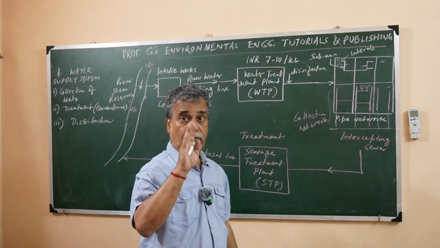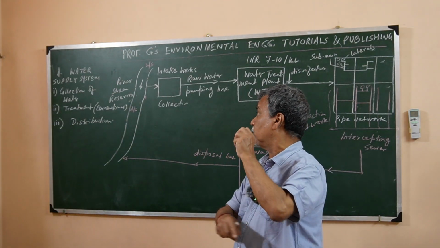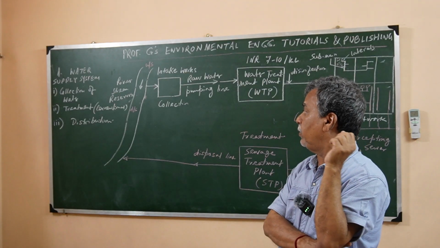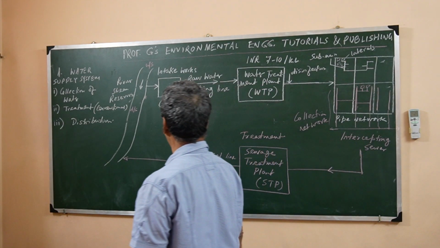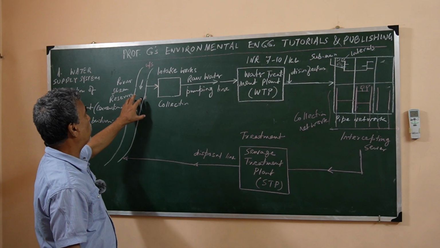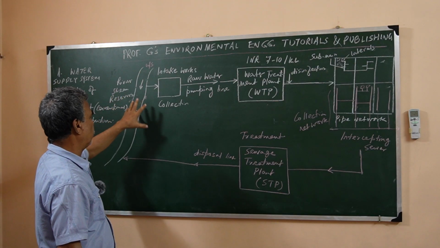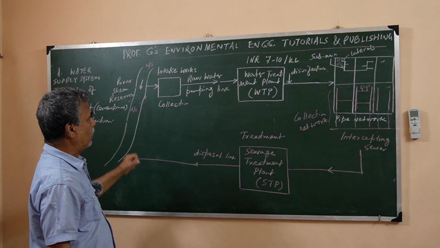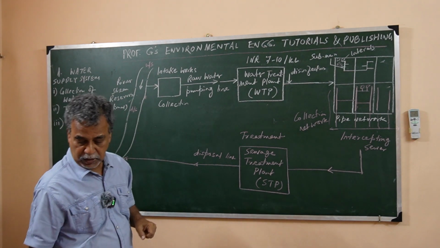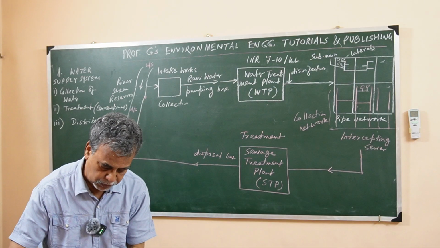When we select the source of water, particularly the surface water source, and the selection is over, then how much water is to be drawn from the surface water, be it river or reservoir or stream or whatever it is? How do we calculate this, right? So I am erasing this wastewater part now.